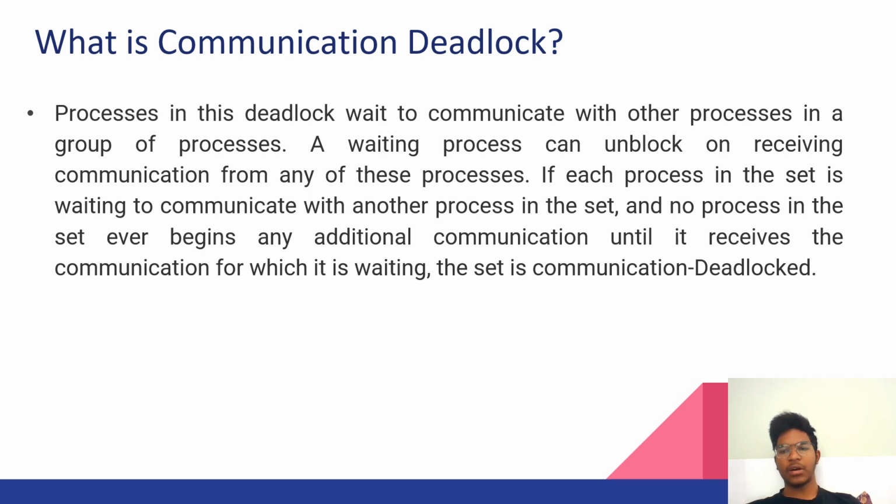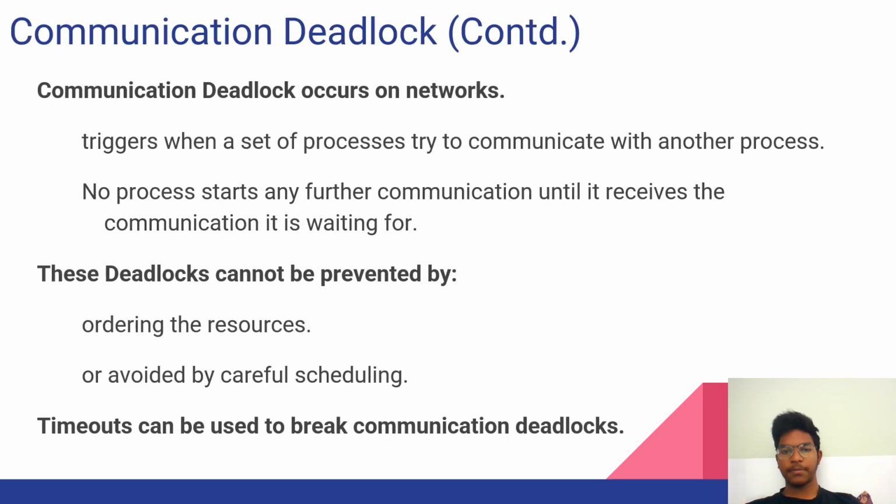A communication deadlock occurs when process A is trying to send a message to process B, which is trying to send one to process C, which is trying to send one to process A. There are various scenarios in which the situation leads to a deadlock, such as no buffers being available. Communication deadlock occurs on networks.